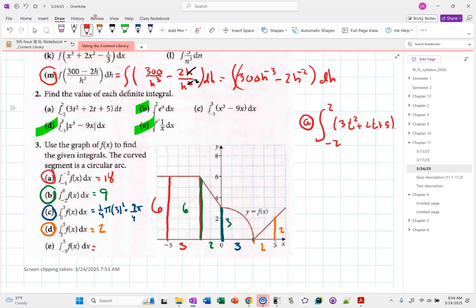And then the last one is the integral from -5 to +5. Well, that should just be the sum of those 4 areas that we just did.